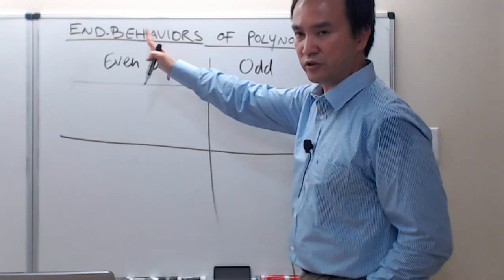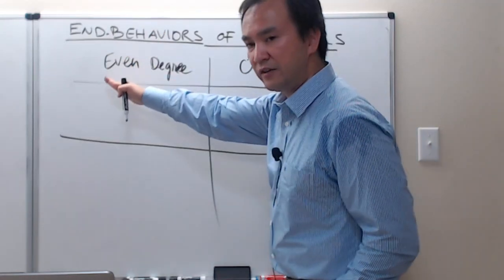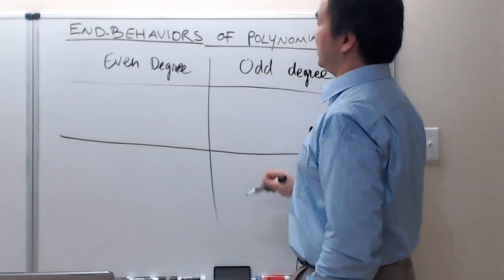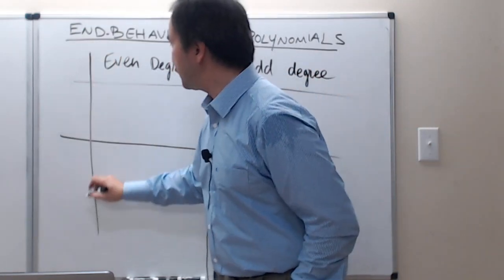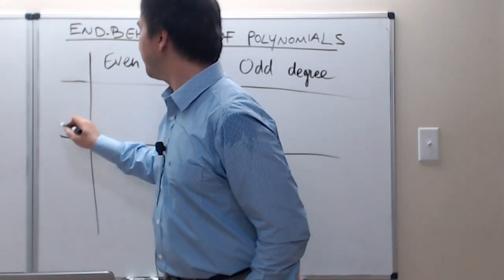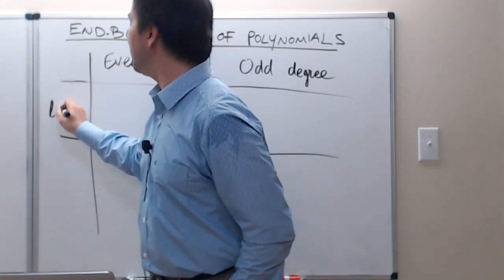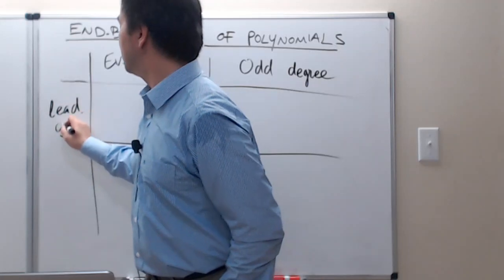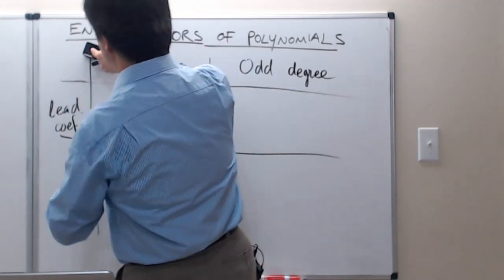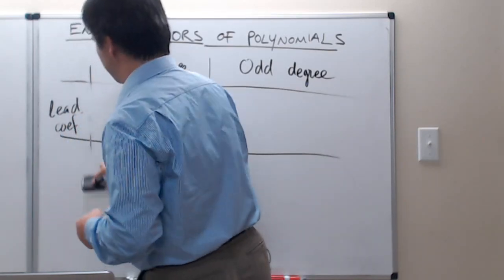I'm talking about your polynomial. Is it having an even degree or an odd degree? Besides even or odd degrees, we use another factor, the leading coefficient, whether the leading coefficient is being a positive number or being a negative number. That's all it matters.